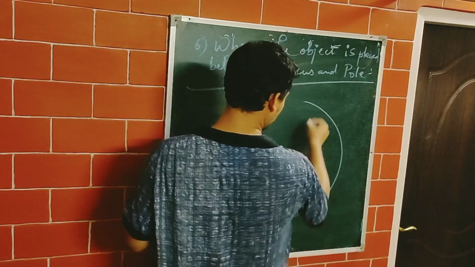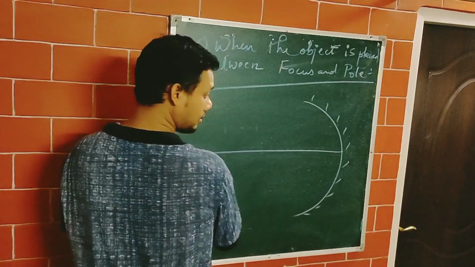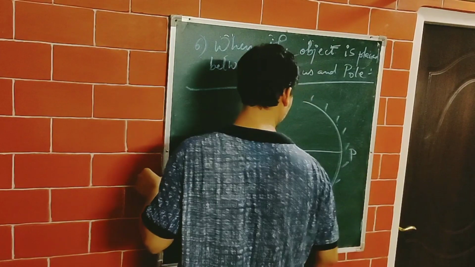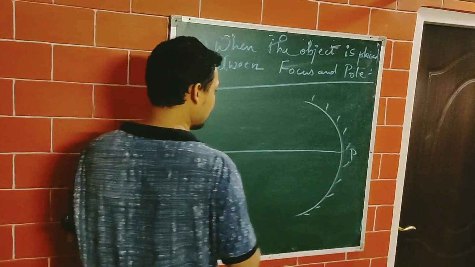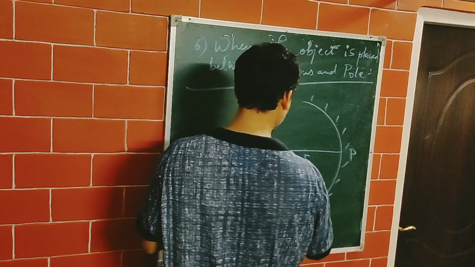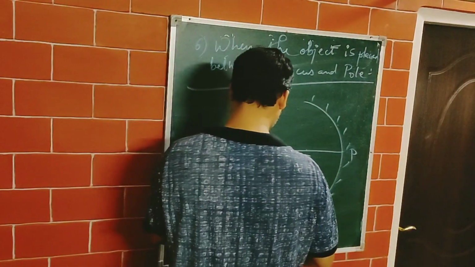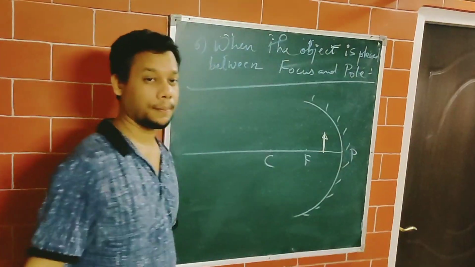This is the concave mirror. The imaginary line that passes through the pole is called the principal axis. This point is focus. This is C, the center of curvature, and the object is placed between F and P.